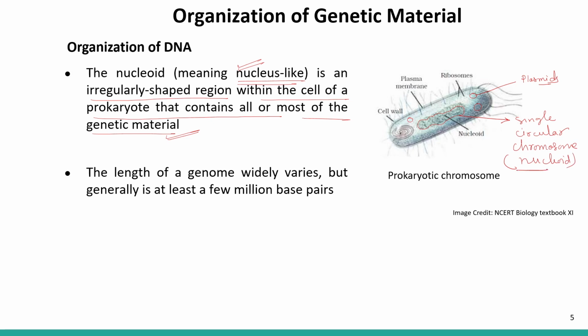This is the main DNA structure in the case of prokaryotes. The length of the genome widely varies, but generally is at least a few million base pairs. It varies from one prokaryote cell to another, like one bacterial cell to another, but generally they have a few million base pairs.